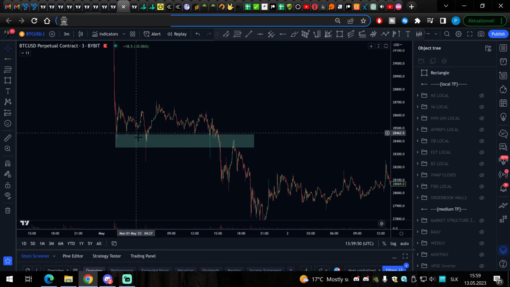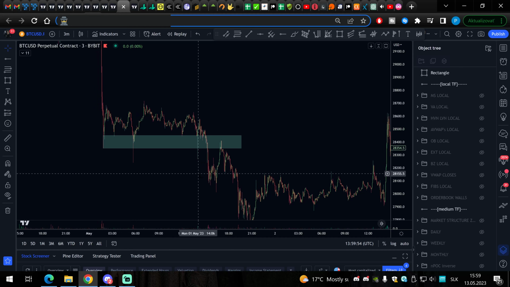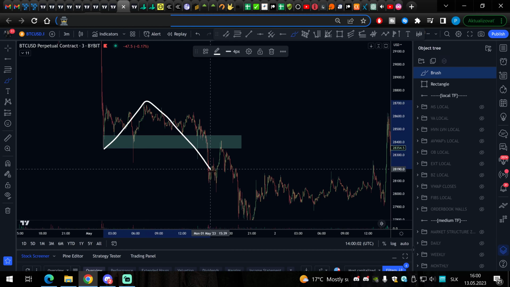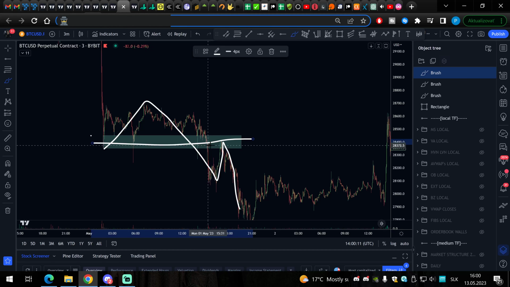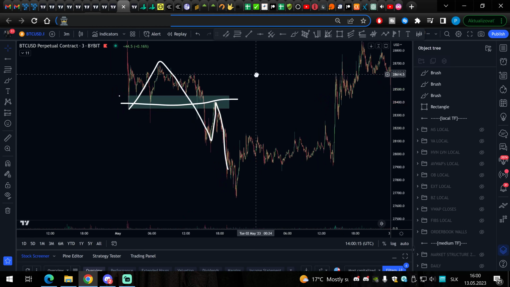Price finds the areas here, and you can see when we lost this local range, the market structure resistance was doing its job. Yes, and there was a rejection on the retest, just beautiful.